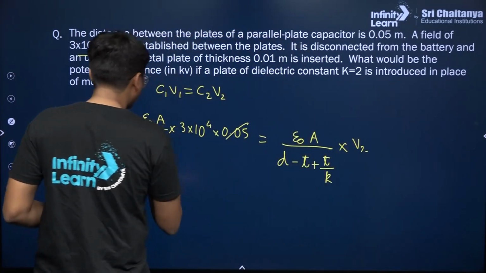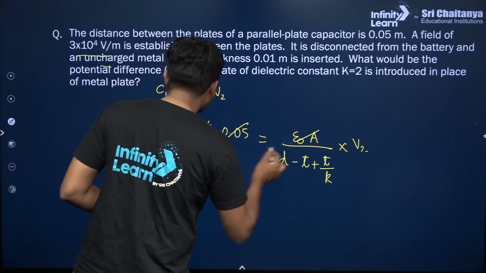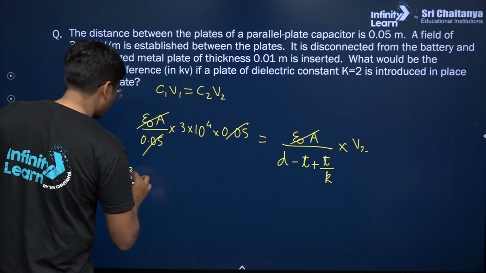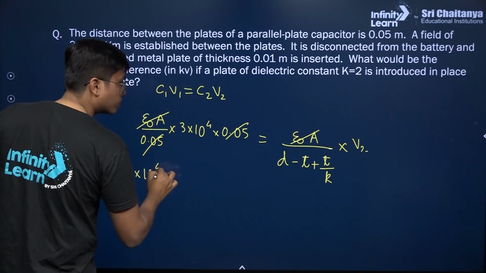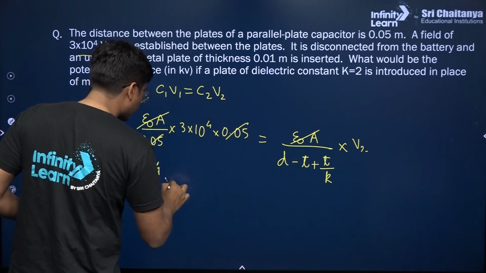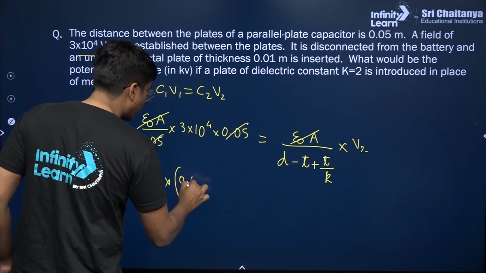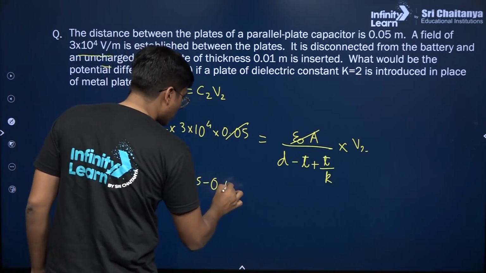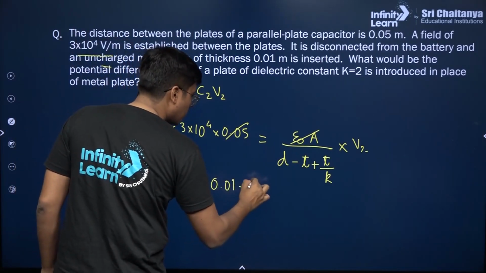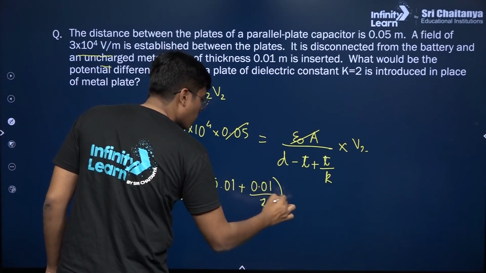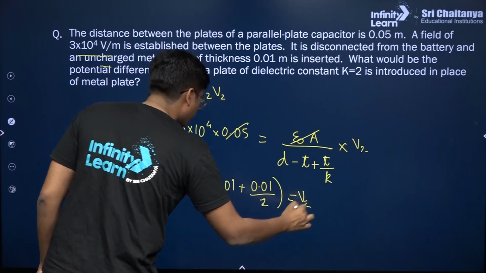First, we can remove epsilon naught A from both sides. So we have 3 into 10 to the power 4 multiplied with this part: D was 0.05 minus 0.01 plus 0.01 divided by 2. That is equal to V2.